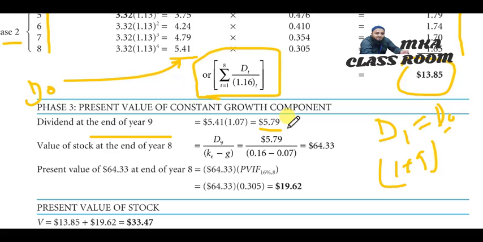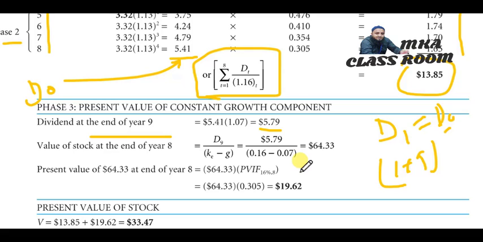This is our dividend value. Now the value of the stock at the end of year 8, our formula is d1 divided by (ke minus g), or d0 into (1 plus g) divided by (ke minus g).